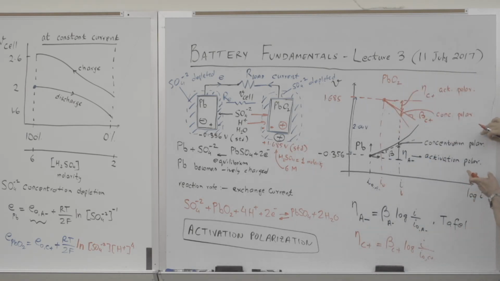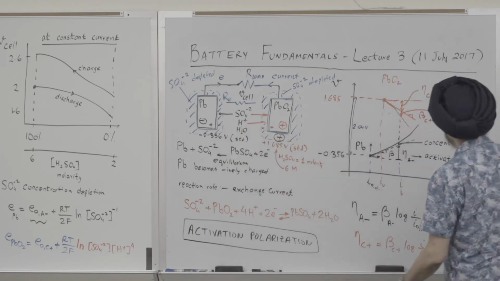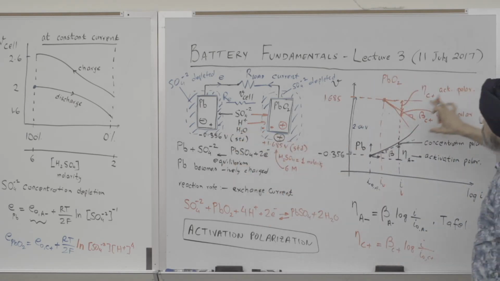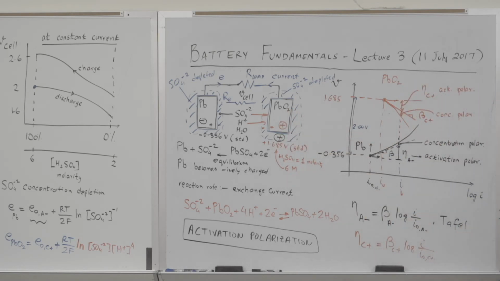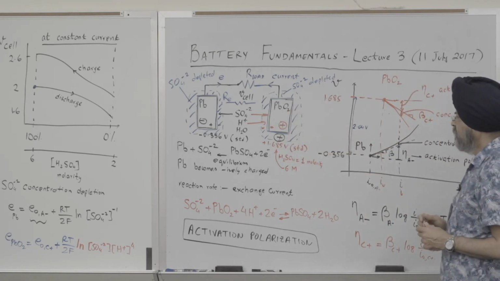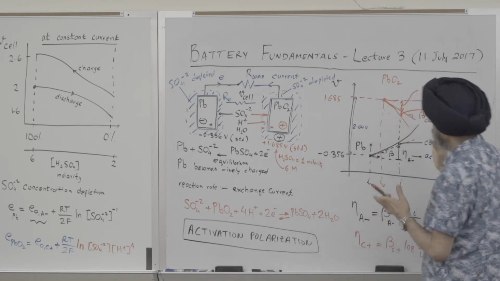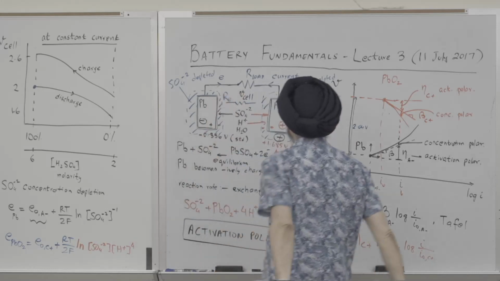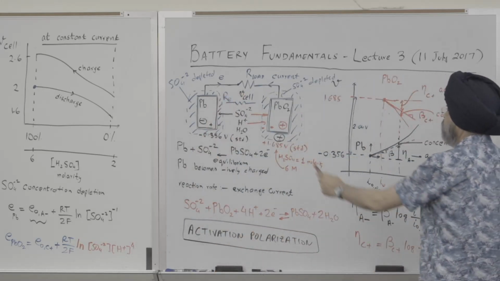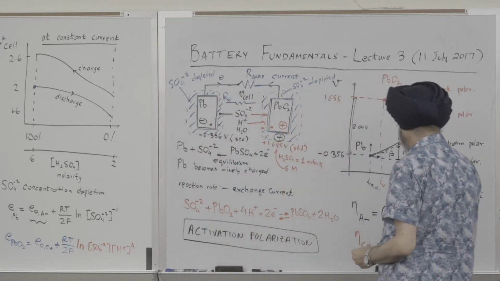So just like we have concentration polarization on the lead electrode, we have the same polarization on the lead oxide electrode. So why is this important? What is the cell voltage now? What is this voltage?